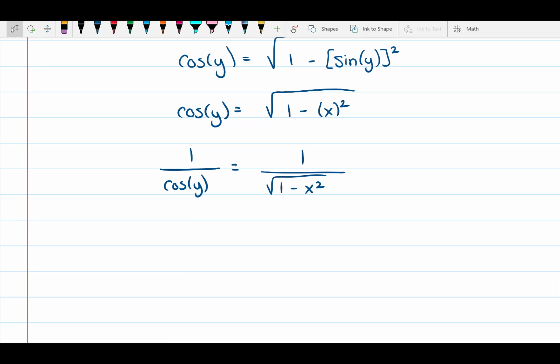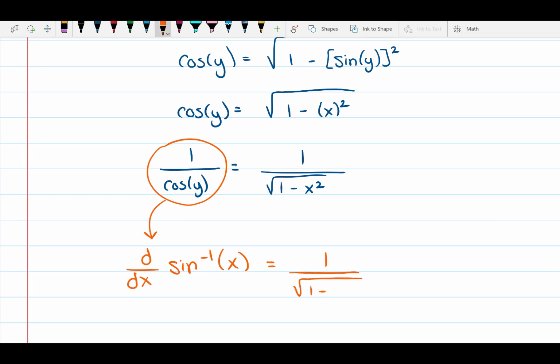No, I don't. 1 over cosine of y, this entire piece right here, is equivalent to writing d dx sine inverse of x. Remember, 1 over cosine of y was the derivative when we did the derivative of sine inverse. So that means this is equal to 1 over the square root of 1 minus x squared. And there it is, the derivative of sine inverse.